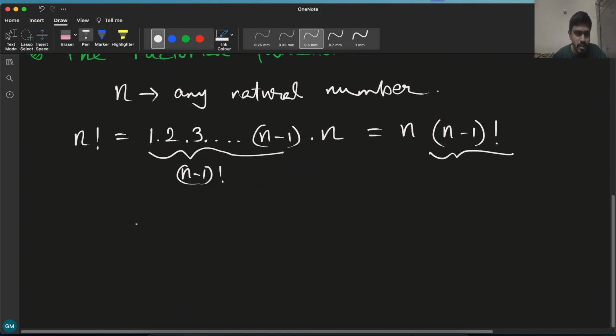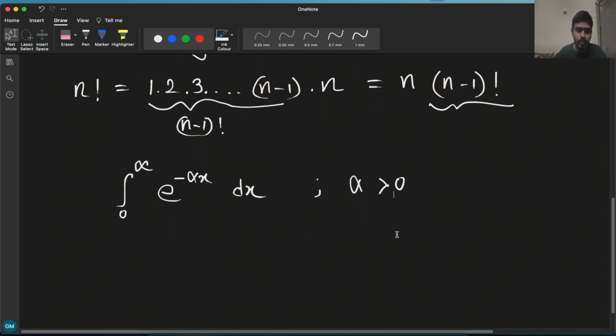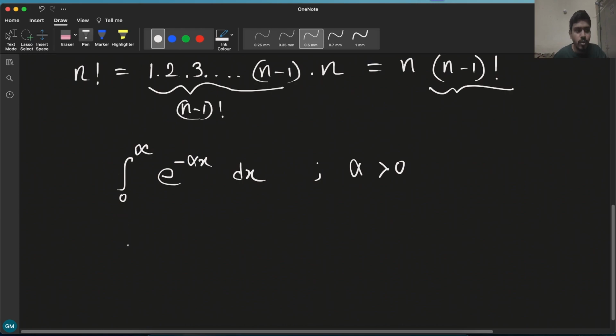Let me start with an integration, that is, integration 0 to infinity e to the power minus alpha x dx, where alpha is greater than 0. Let me call it I0.